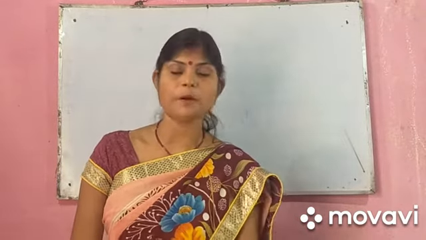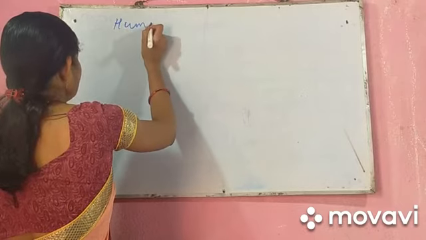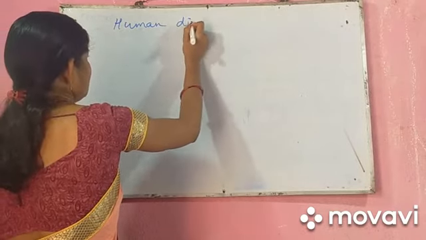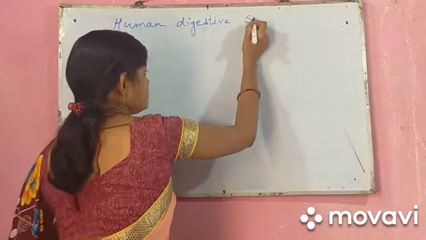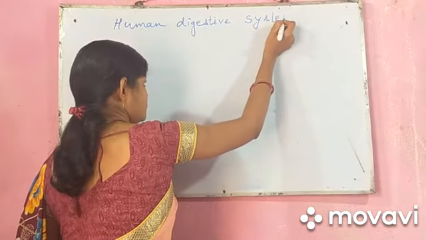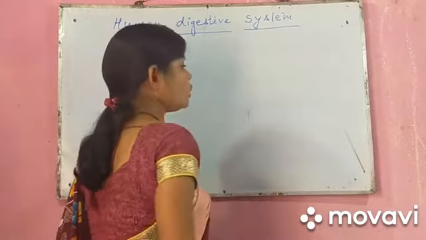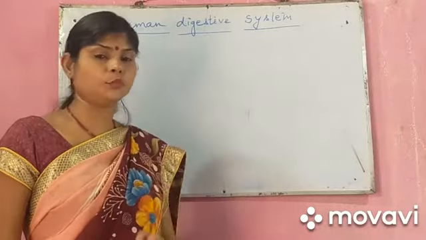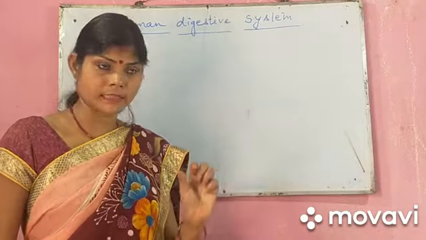Hello students, as in the last class we have read about the human digestive system, which is a part of nutrition. The human digestive system is the process of breakdown of complex food particles into simpler ones for getting energy.